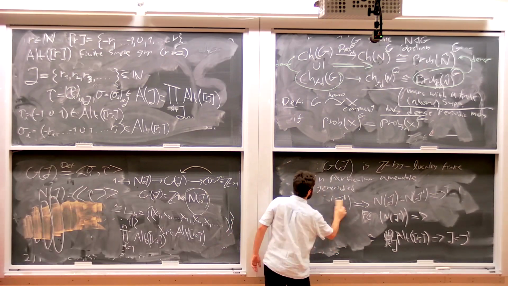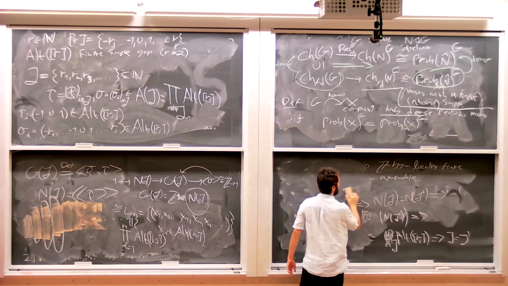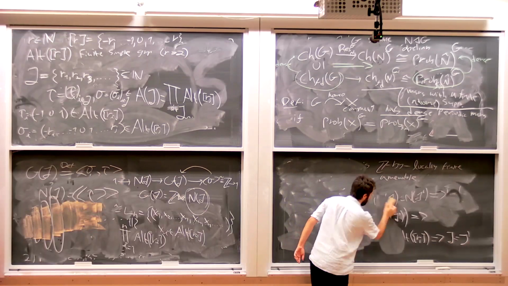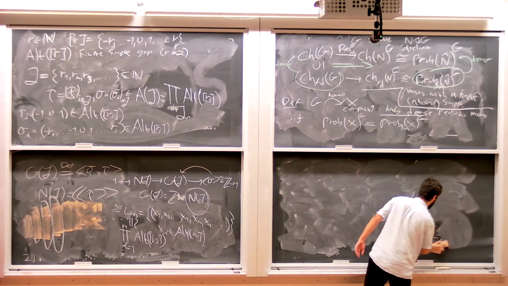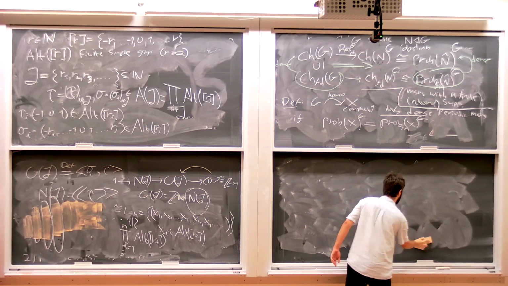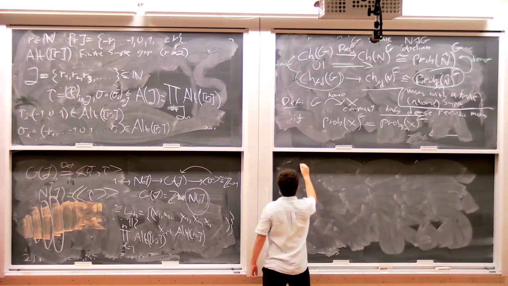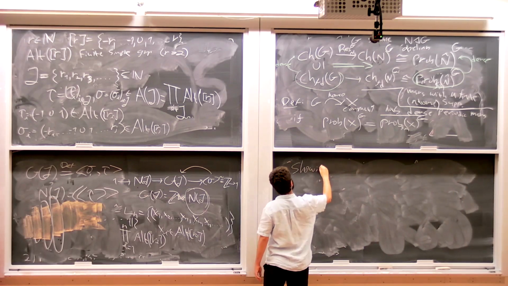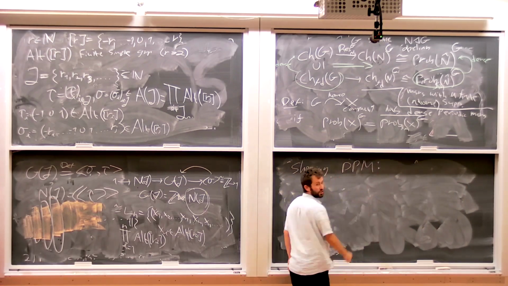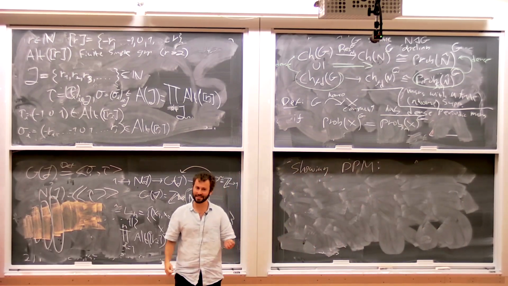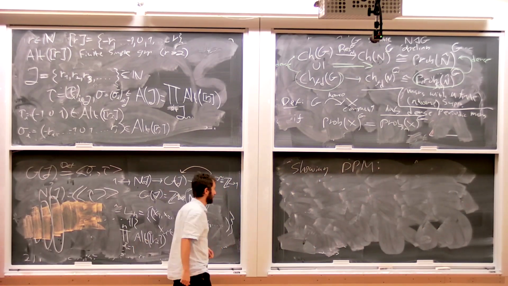Now the question is, which kind of dynamical systems have this property? So I want to now propose a general strategy for showing dense periodic measures. It's a general strategy, but we'll see that in a sense it's the only strategy.